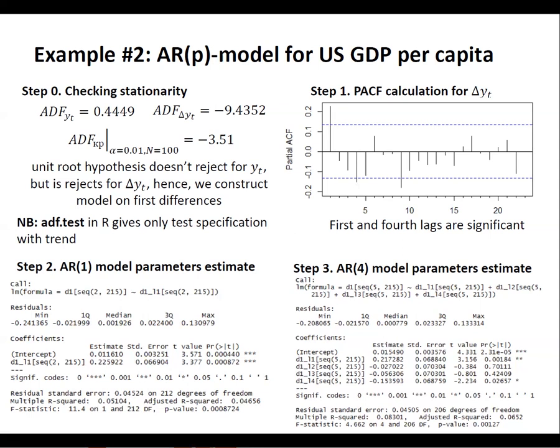That is, the hypothesis of unit root is not rejected for Yt, but is rejected for delta Yt. This means that Yt is considered a non-stationary indicator, while delta Yt is considered a stationary indicator.